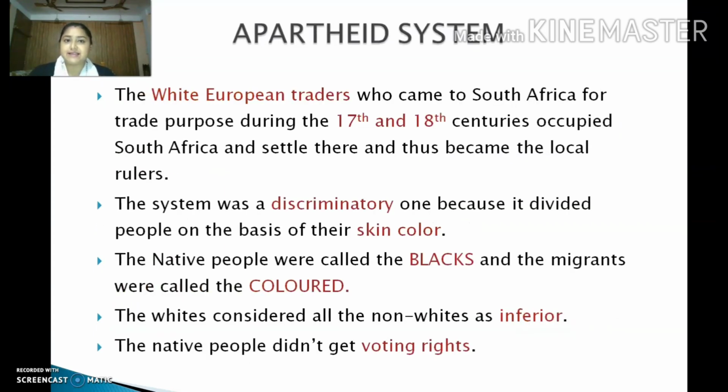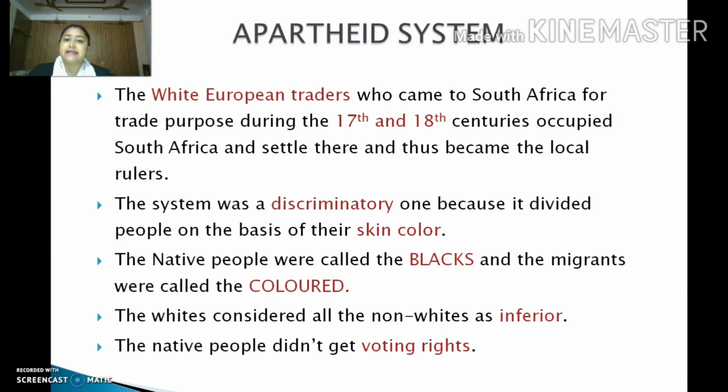So the apartheid system, I already gave you an introduction about what apartheid means. So let us try to understand what this system meant now. In the 17th and 18th centuries, most of the white European traders who came to South Africa for the purpose of trade started settling down in South Africa.